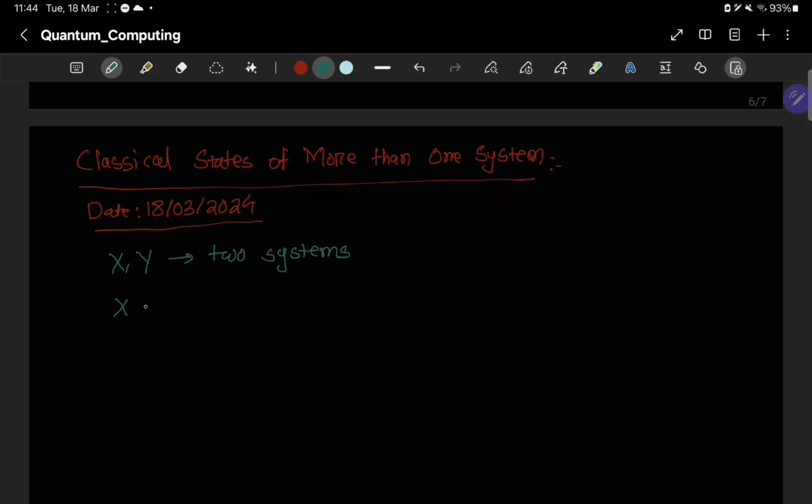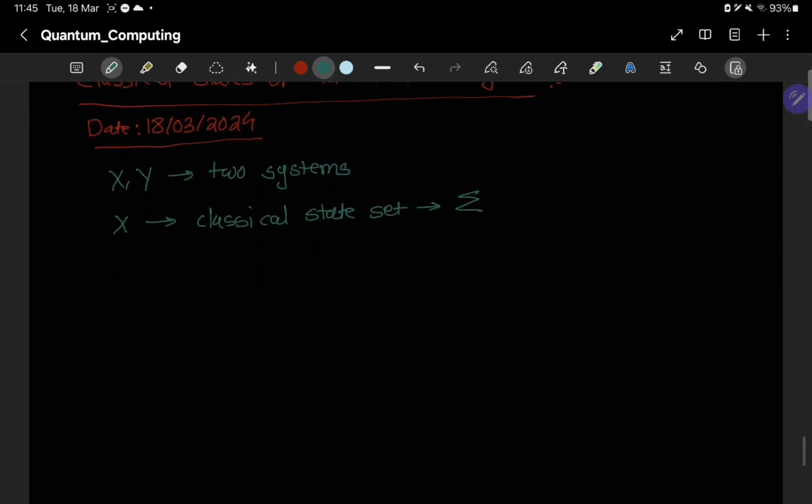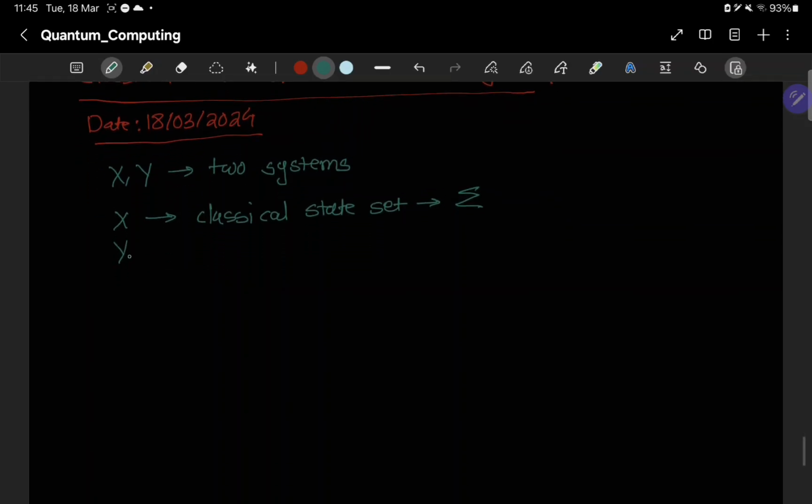Now let's consider X has a set of classical states, which we call the classical state set, and let us denote it by capital sigma. And let's consider the classical state set of Y to be gamma.